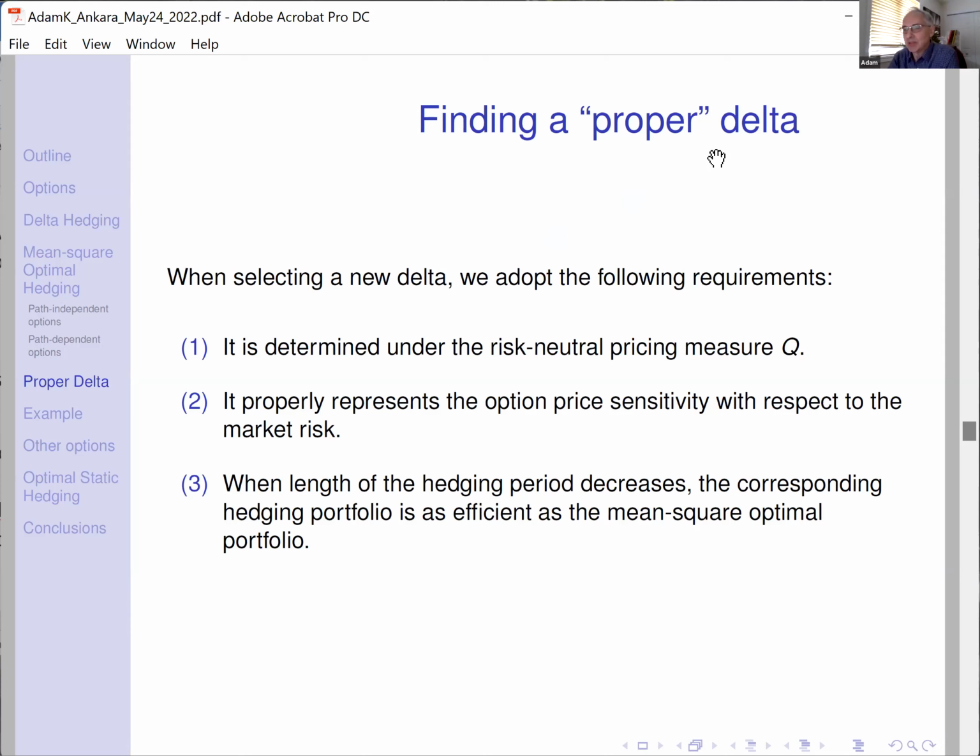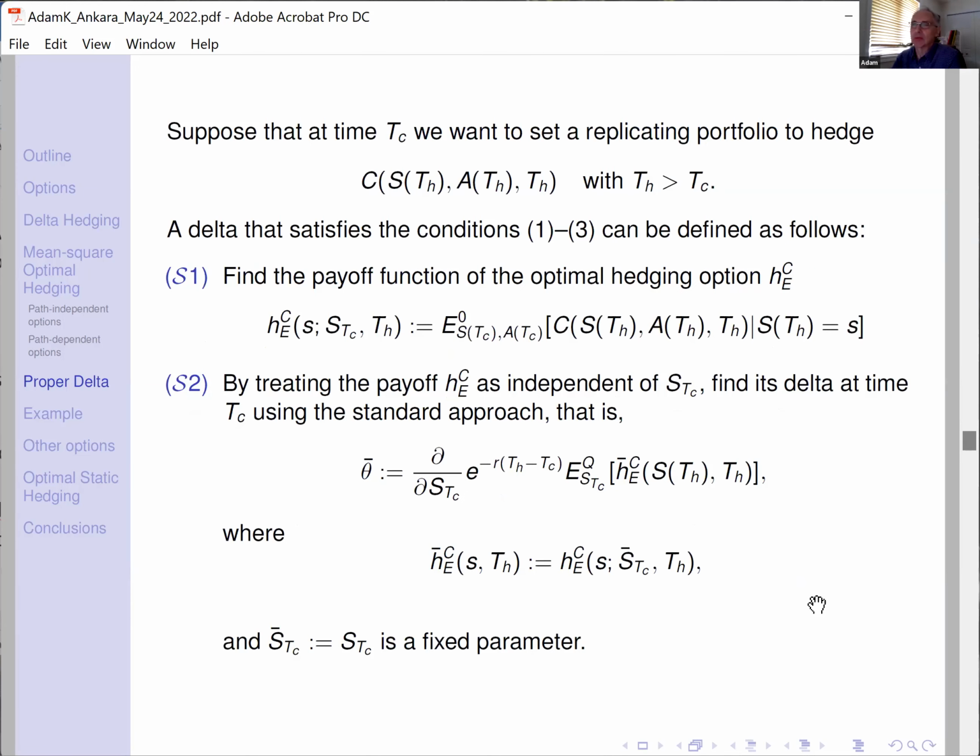So there are some advantages to using delta hedging. If we postulate that we would like to have a new delta hedge that is determined only under the Q measure, properly represents the option price sensitivity with respect to the market risk, and asymptotically performs as well as the mean square optimal hedging, then actually it is possible to do this, and here is the solution.